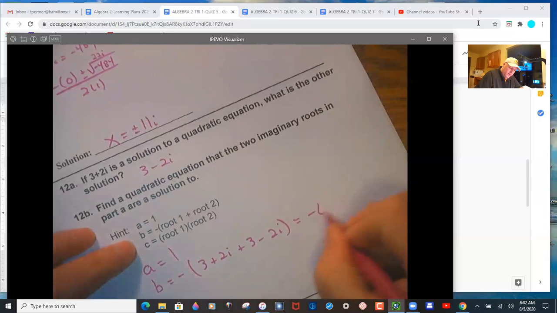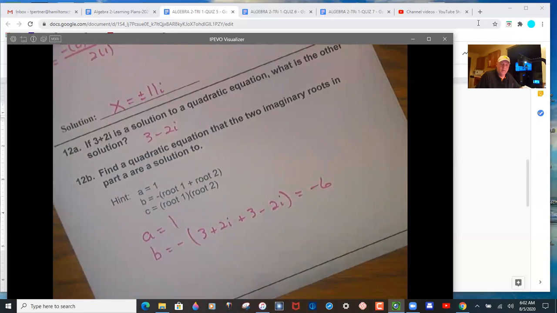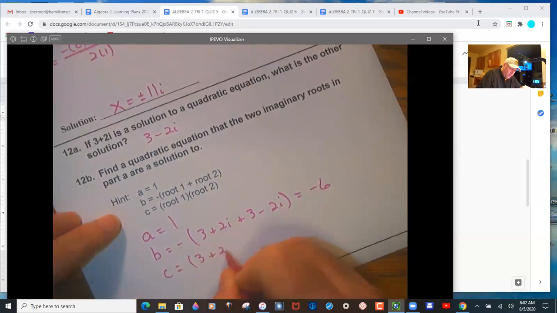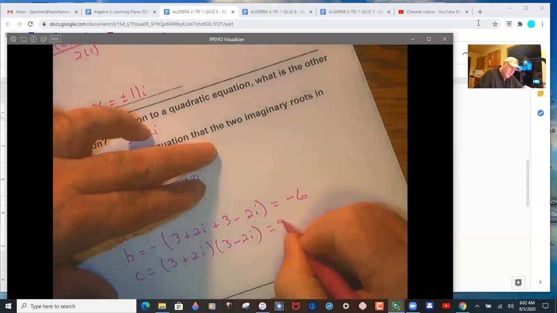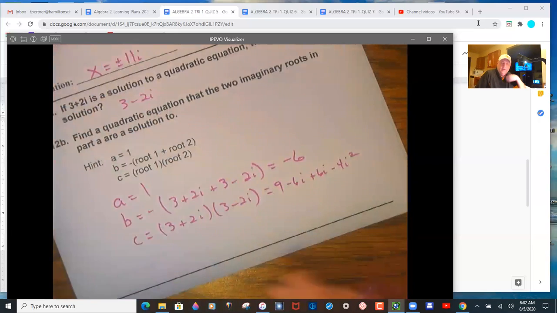And notice that it's just the opposite of the number part of the complex number. And then the product, the FOIL product. So 9 minus 6i plus 6i minus 4i squared. I did that quick.